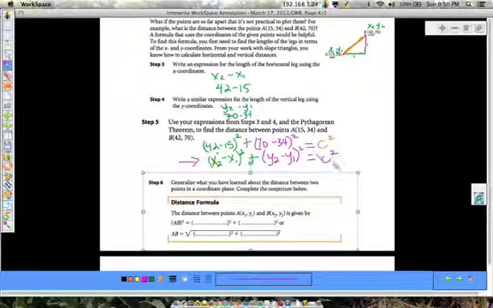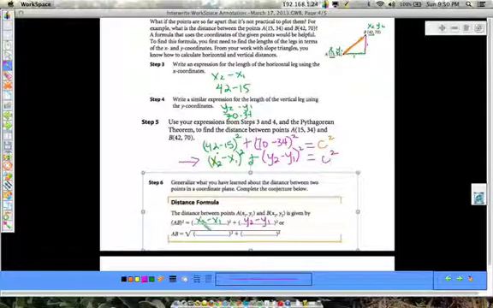AB squared, or in other words our c squared, equals x2 minus x1, so just the difference in the 2 points squared, plus y2 minus y1, our second y point minus our first y point, squared, is equal to our hypotenuse squared, or c squared.